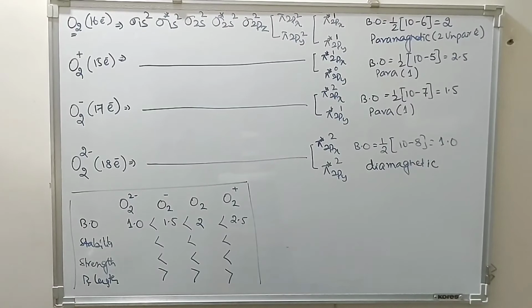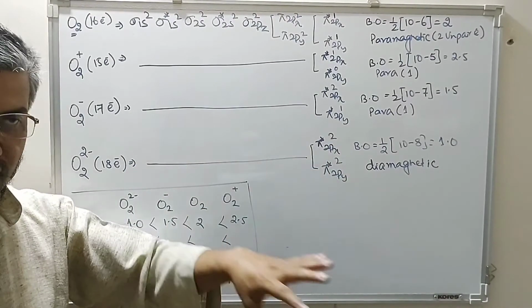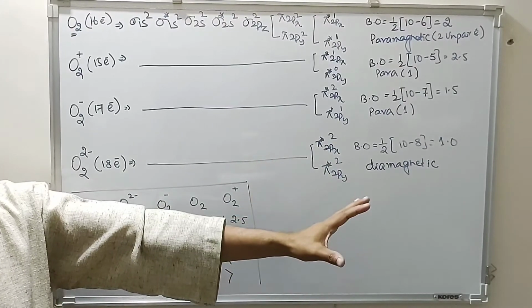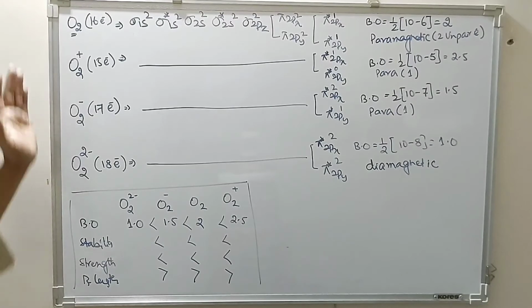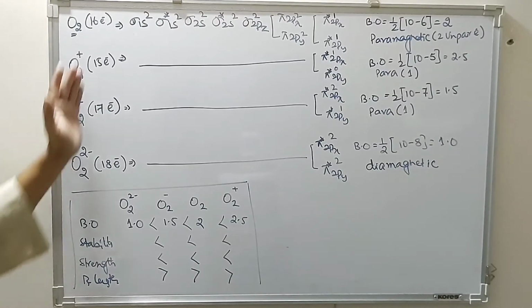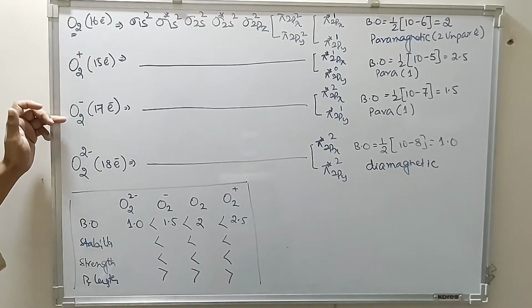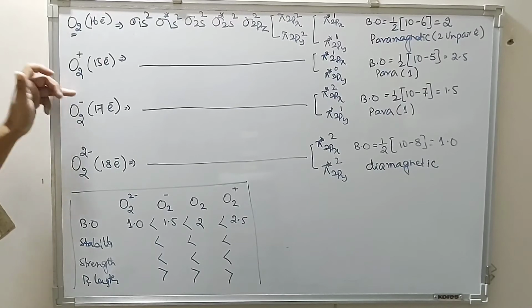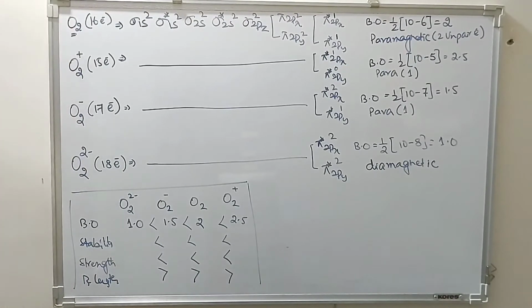If unpaired electrons are present, it is paramagnetic. If not, it is diamagnetic. So this is the comparison of stabilities, bond order, bond length and bond stability of different forms of oxygen: oxide ion, superoxide, peroxide, molecular oxygen plus, etc.